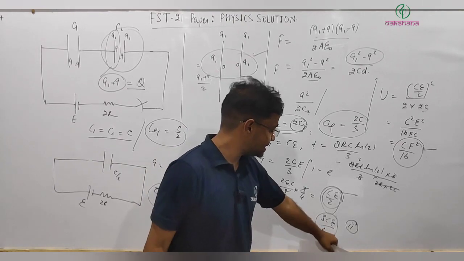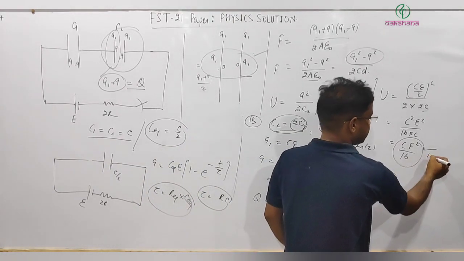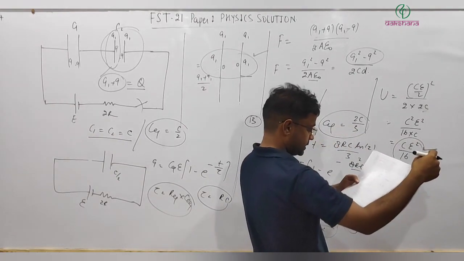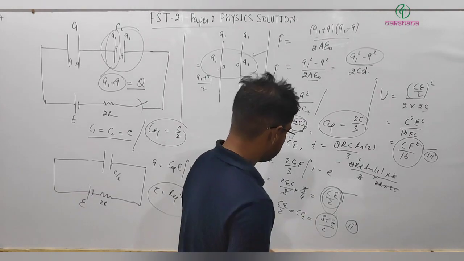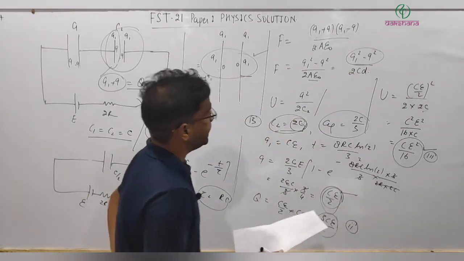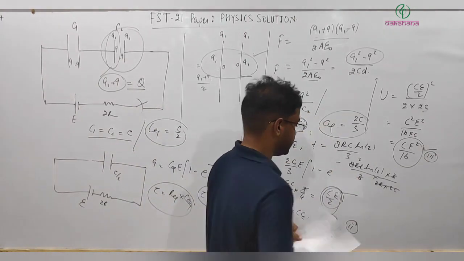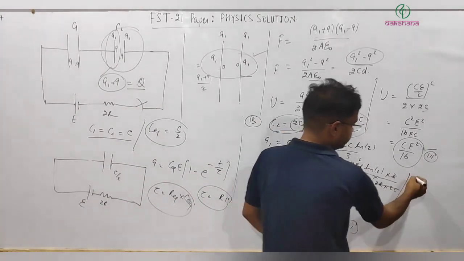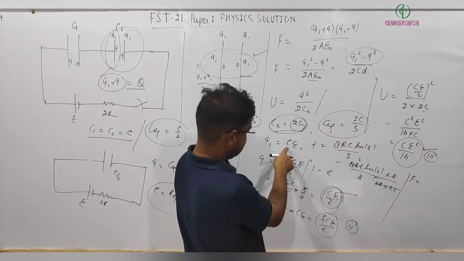So this is the charge that is matching with second. In the first column it's CE square, that is third option. And force we can get from there as well. Again we need to change C here, then substituting, Q1 is CE.